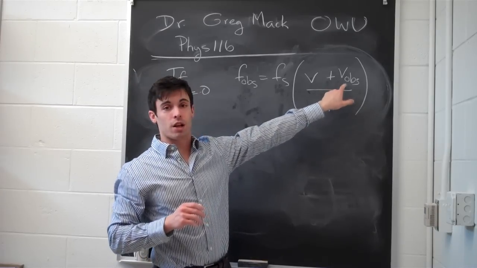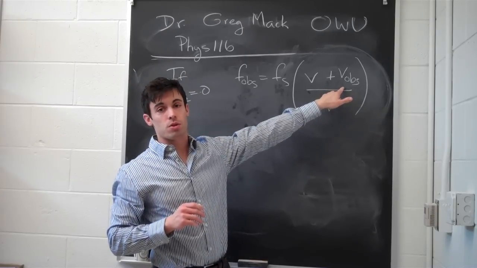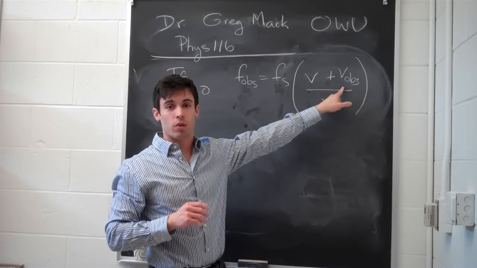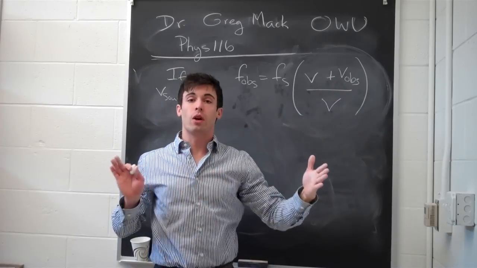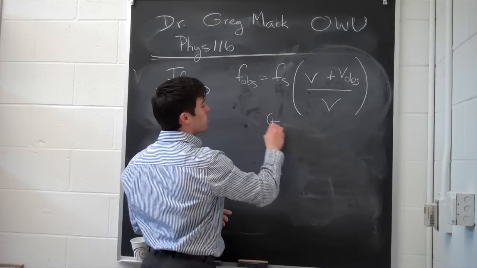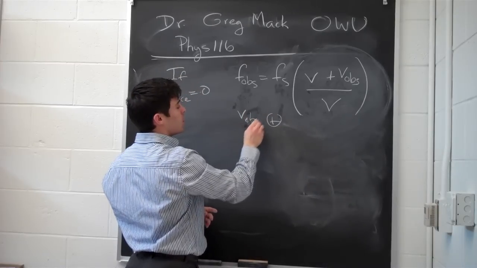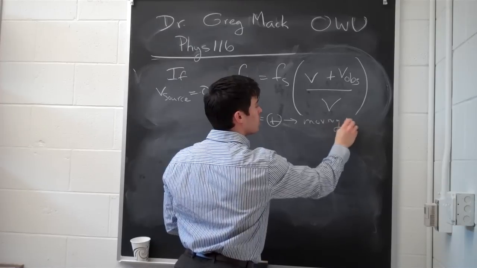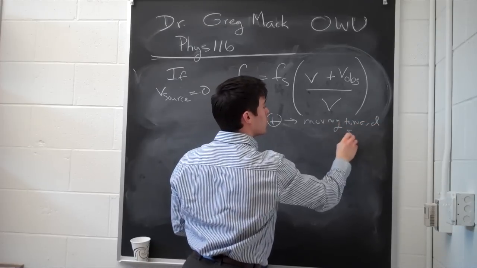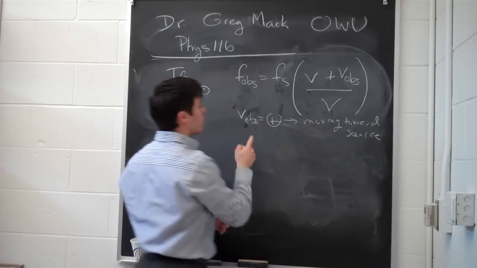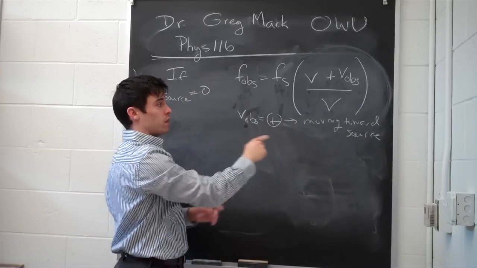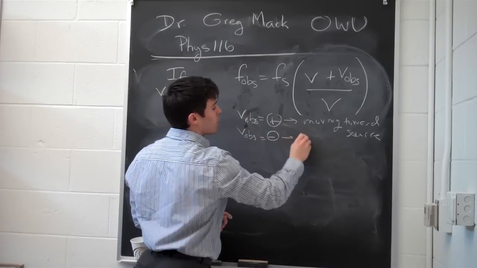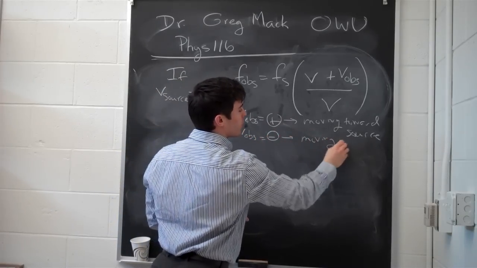So you have a negative that goes in there for the V observer, the sign for the velocity of the observer, for the situation where it's going away. So the V observer, as a positive number that goes in there, is moving towards the source. The V observer that's a negative number is moving away.